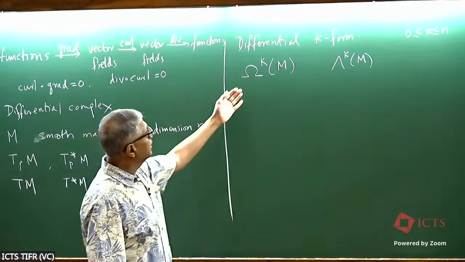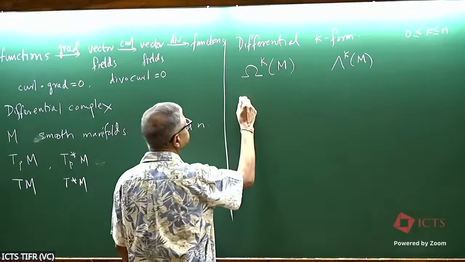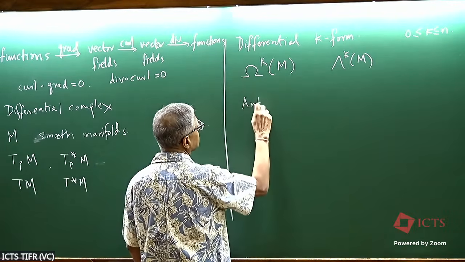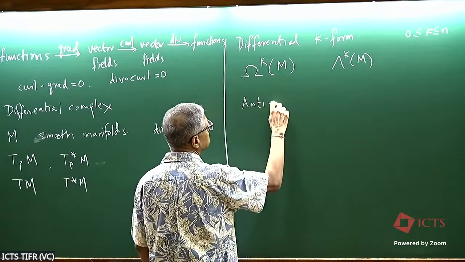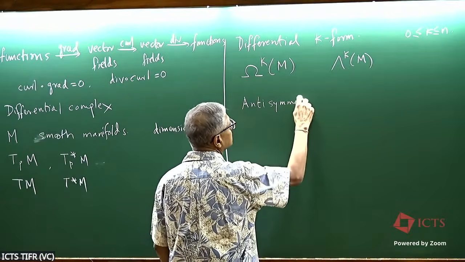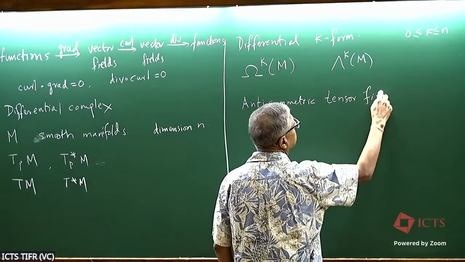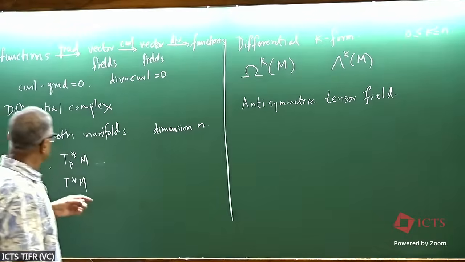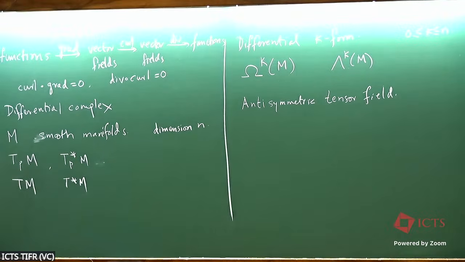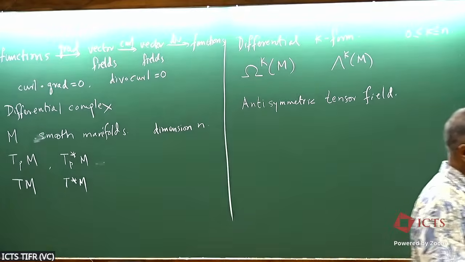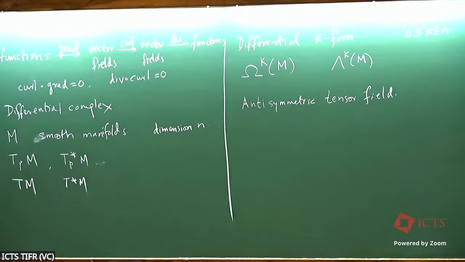So a differential K form is a field of antisymmetric tensors. For any vector space such as TPM, you can define tensors, which are objects which are multilinear. They take some number of vector arguments.